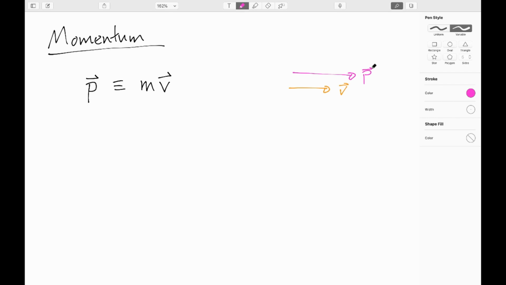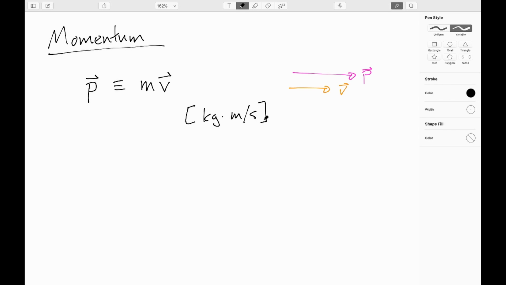Again, it's not meaningful to compare the lengths of the arrows you draw, because while the units of velocity are meters per second, here, since we're multiplying by mass, the units of momentum in SI units are kilogram meters per second. So since momentum and velocity have incompatible units, it doesn't make any sense to compare the lengths of the arrows. They're on a different scale.